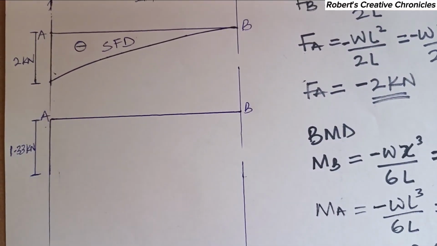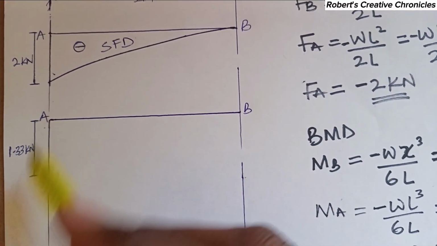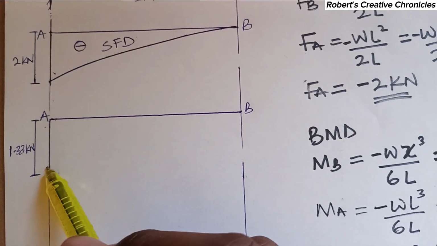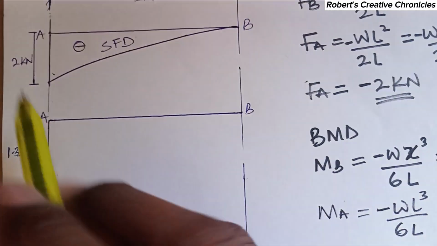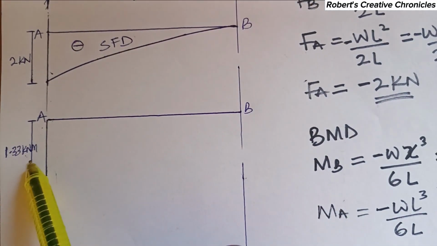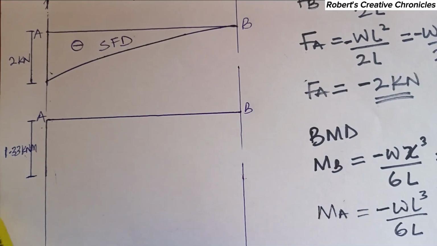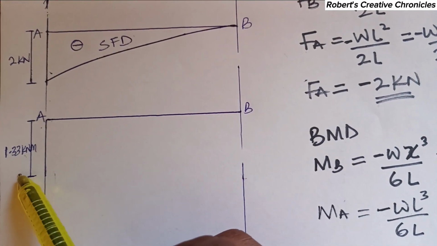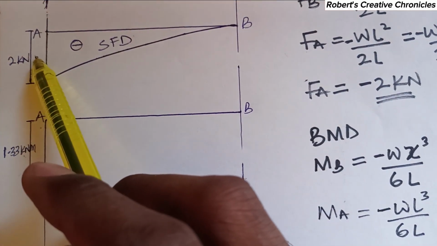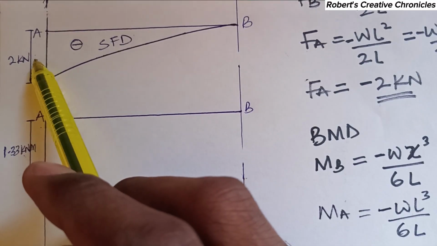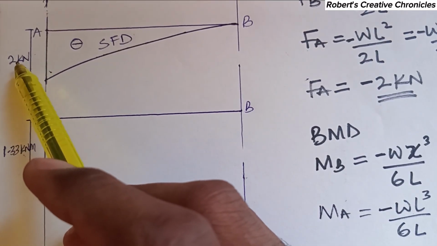As I discussed in my other videos, you can use a scale to get this dimension, this line. Okay, this is actually kilonewton meter. You can use a scale of 1.33 kilonewton meter to represent 1.33 centimeter, or you can use 2 kilonewton to represent 2 centimeter.